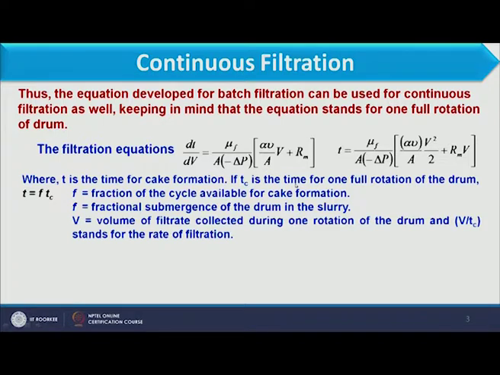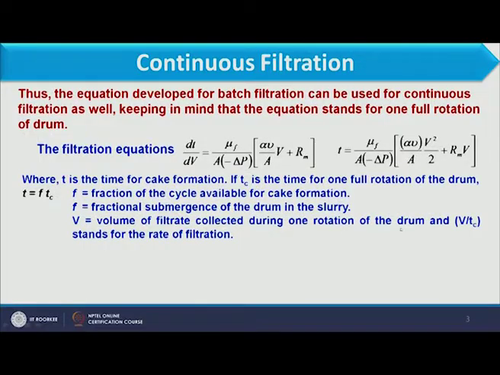Now what is F? F is the fraction of the cycle available for cake formation, that is, the fractional submergence of the drum in the slurry. We define F as the section of the drum surface submerged in the slurry.